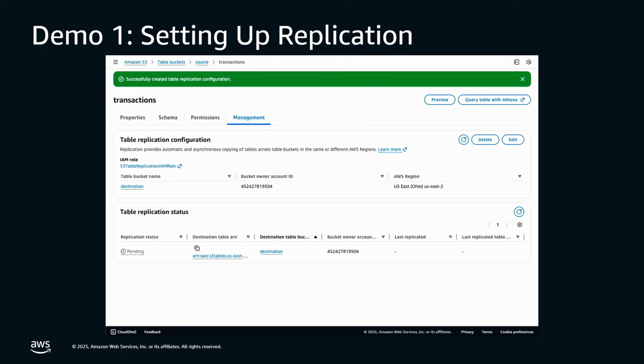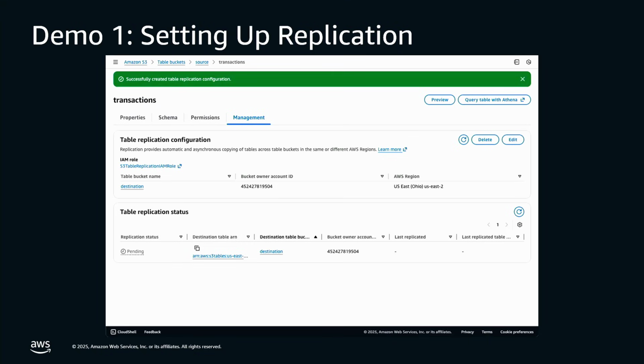The second one is that as soon as that replica is created, the data that exists in the source table will be replicated to the destination. So then you will ask, what exact data is replicated? It is the current active commit, which contains all the active snapshots. So we maintain queries and time traveling capabilities from the source to the replica.